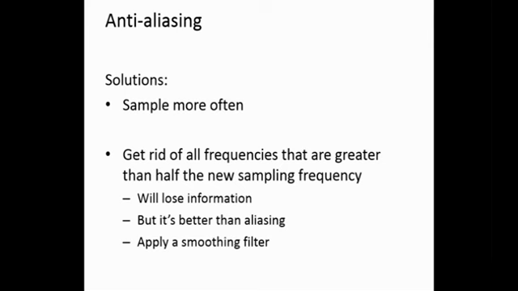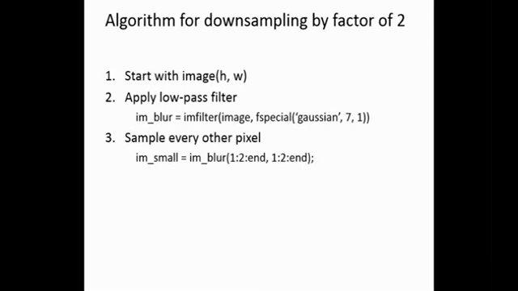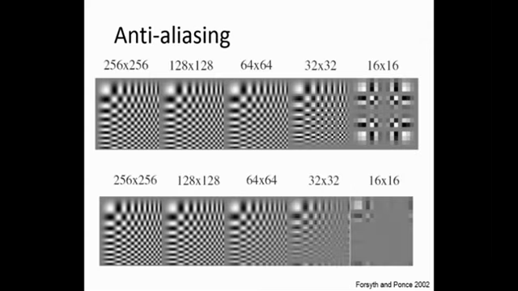So the solution is to apply a smoothing filter before downsampling. For example, we start with this image. We apply a Gaussian, and then we sample every other pixel, and then we get the small image without aliasing. So here's an example.